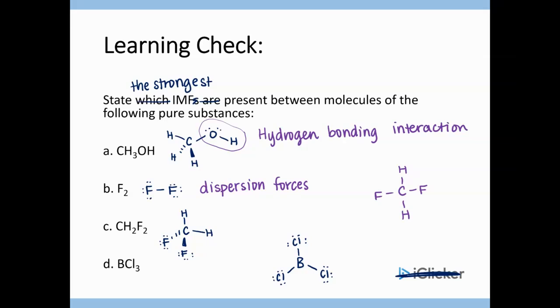So if you have two fluorines and 2 hydrogens, the carbon to fluorine bonds are polar. And that results in an overall molecular polarity where towards the fluorine area we have partial negative, and towards the hydrogen area we have a partial positive.